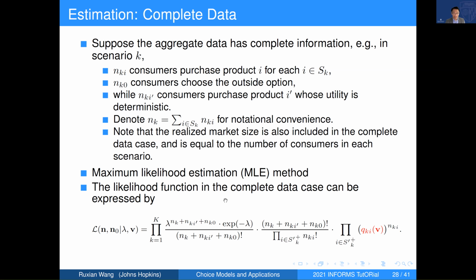The likelihood function in the complete data case can be written in this way. We have two sets of parameters to estimate. The first one is the market size parameter. Actually, here is the parameter for the Poisson random variable. The second one is v, the vector that indicates the attribute coefficients for consumer choice behavior.